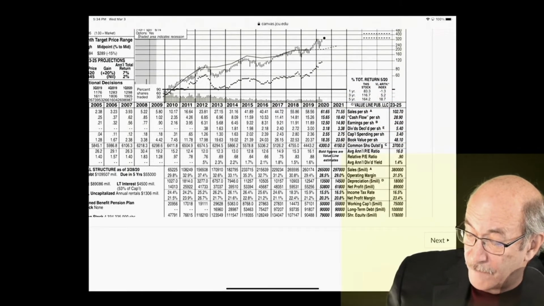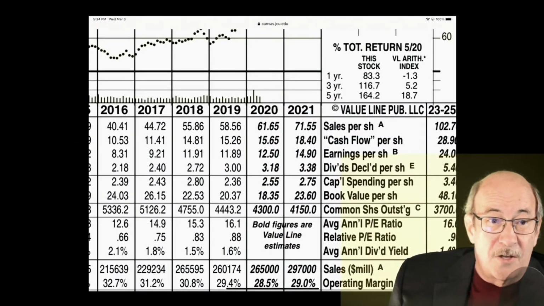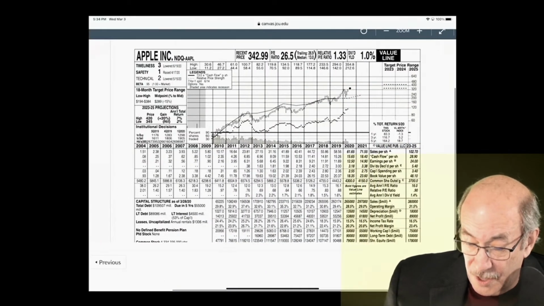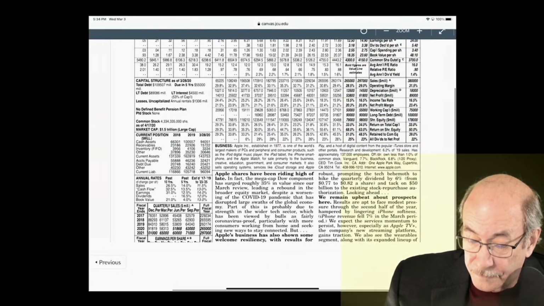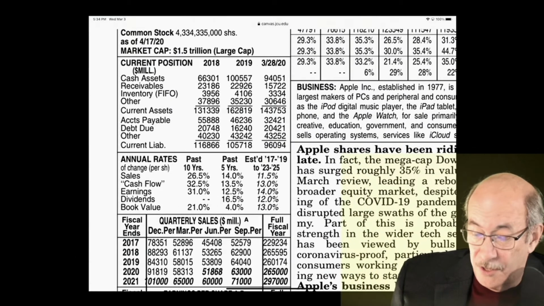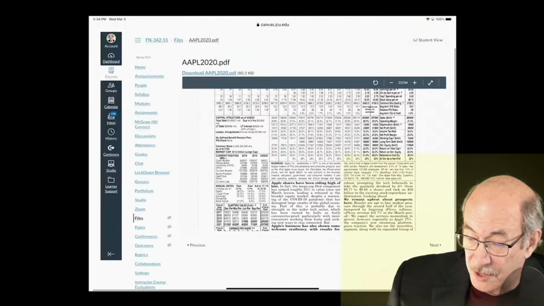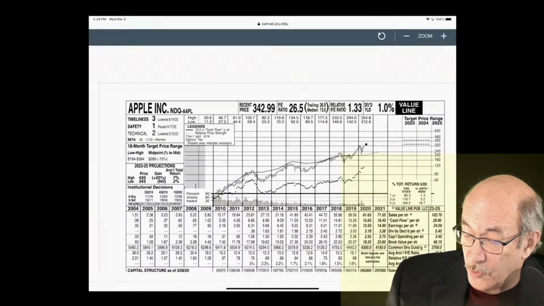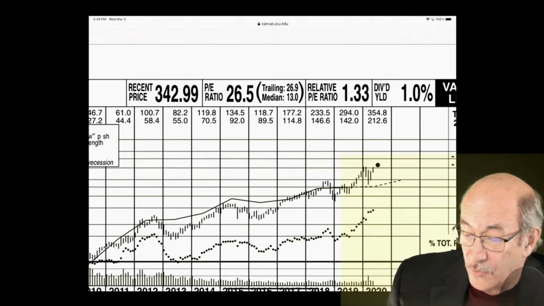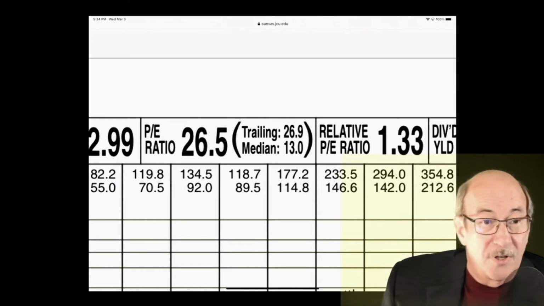Now they do give us a 2021 estimated value, but that's for the entire year. They also give us over here some expected annual growth rates of sales, cash flow, earnings. But the only one that you might have a hope of actually getting would be up here in the trailing 12 months.